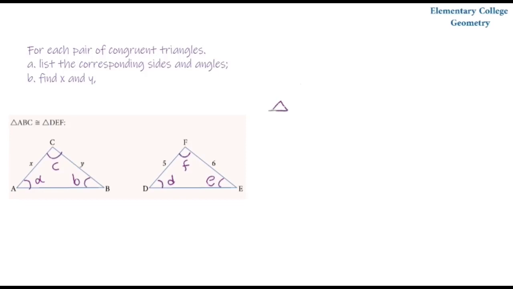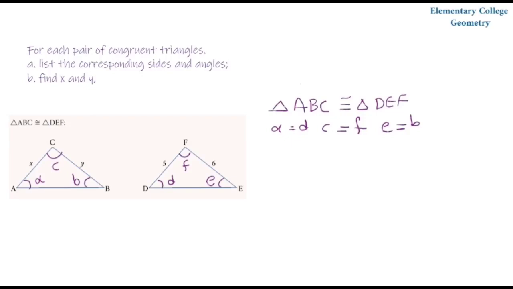It means that they are completely equal. So firstly, all the corresponding angles are equal. So A equals D, C equals F, and E equals B.